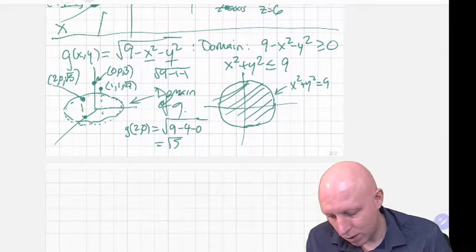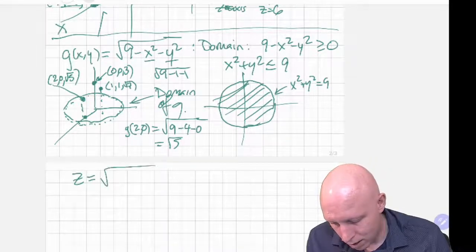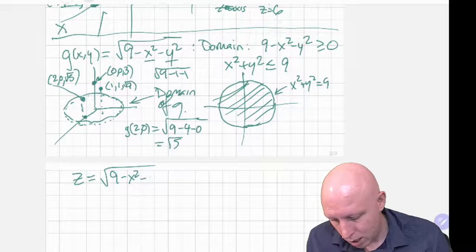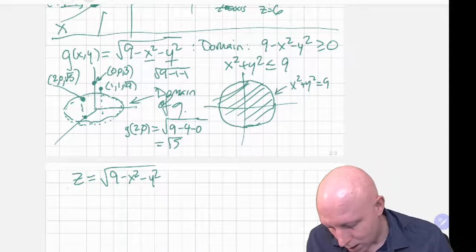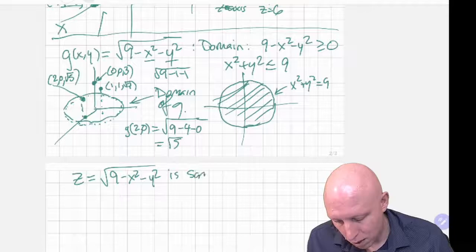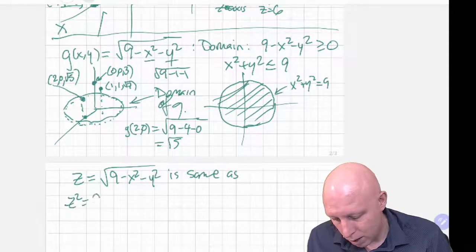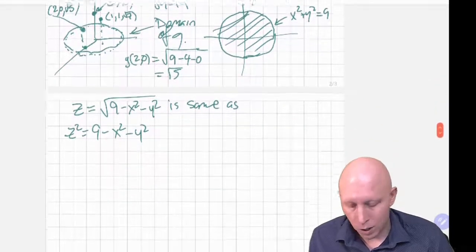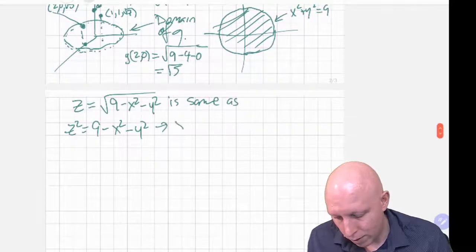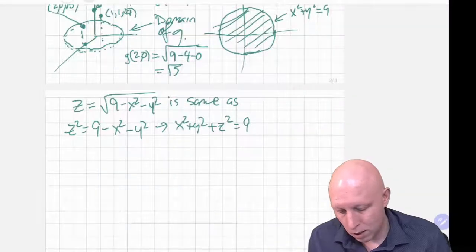This square root of 9 minus x squared minus y squared, if we wrote z equals that, and then we took the square of both sides, this is the same as z squared equals 9 minus x squared minus y squared. Then we would have x squared plus y squared plus z squared is equal to 9.